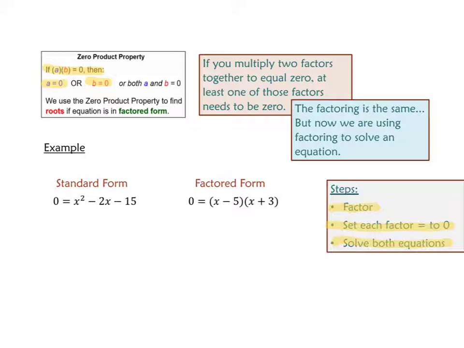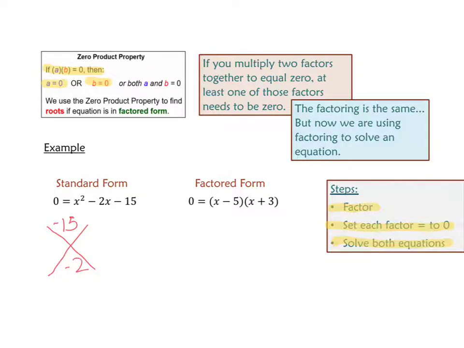Here's our standard form, x squared minus 2x minus 15. The factored form is x minus 5 times x plus 3. We know that because A is 1 and C is negative 15, and A times C is negative 15.